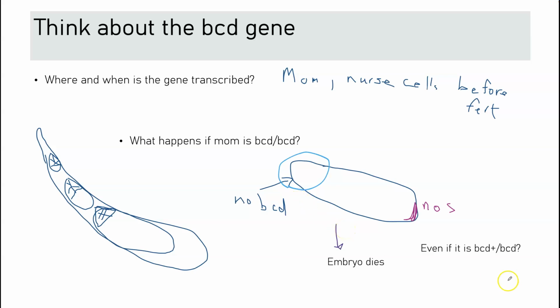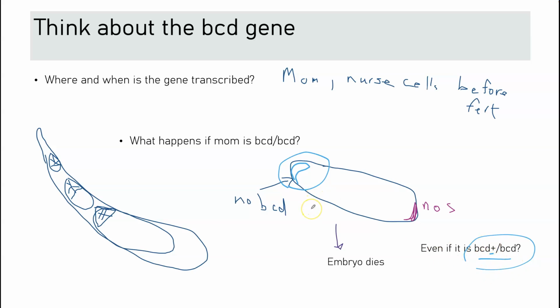So even if the embryo has a wild-type copy of bicoid, why does it still die? Because the gene is not being transcribed in the embryo. The embryo is completely dependent on whether mom put RNA in the anterior end of that egg or not. Even if it has a wild-type copy, it doesn't transcribe that gene itself.